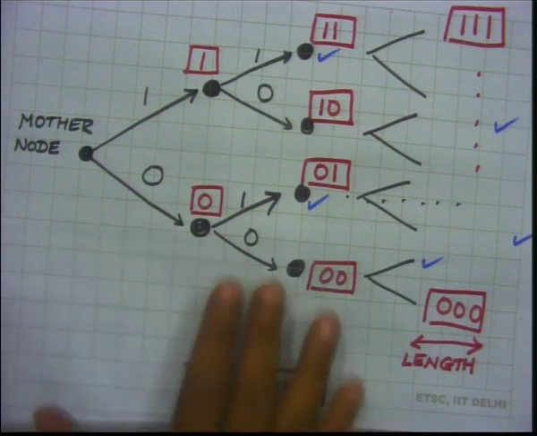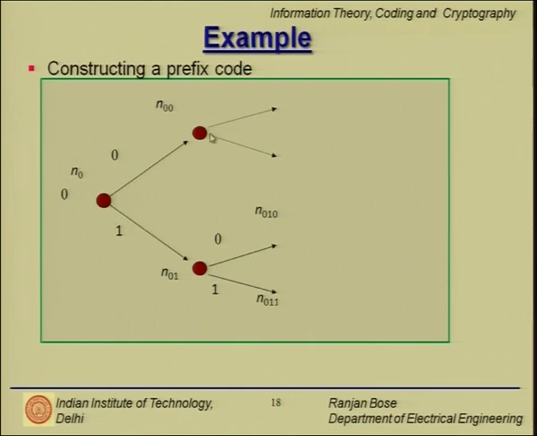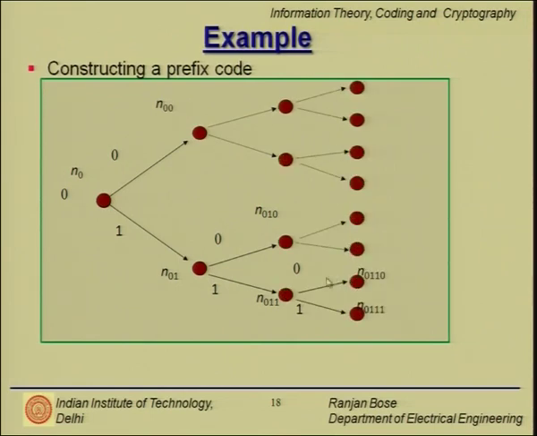So, let us understand the prefix code from this binary tree. Let us look at this daughter node. From the mother node we have 2 daughter nodes, and then they multiply, they grow exponentially, and we have this neat looking binary tree.